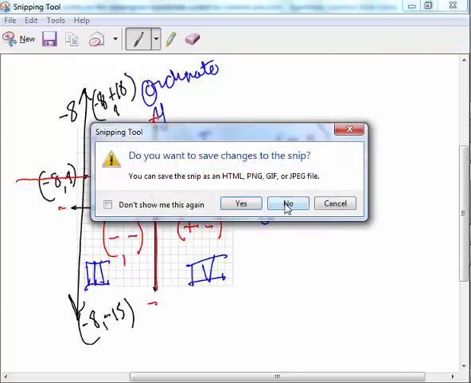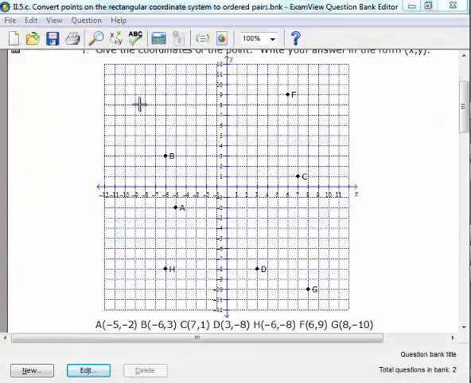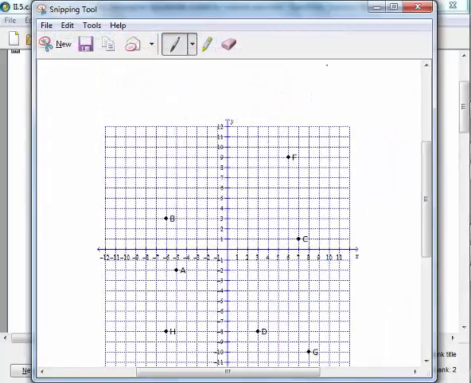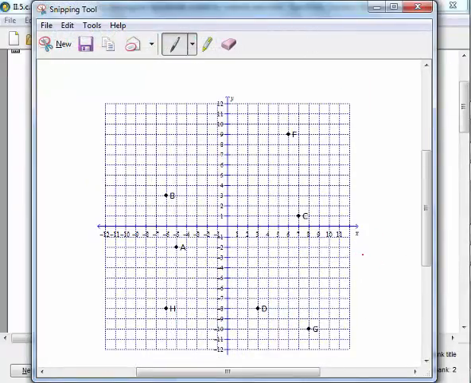All right, so one of the things that we can do is we can find out what the coordinates of certain points are. Like, for instance, if you look here, we've got some points that we can find their coordinates. Let's take this point right here. If you notice, we always do this axis first and then this axis second.